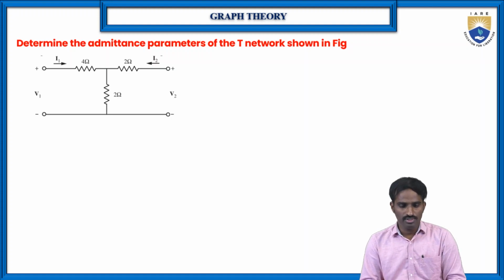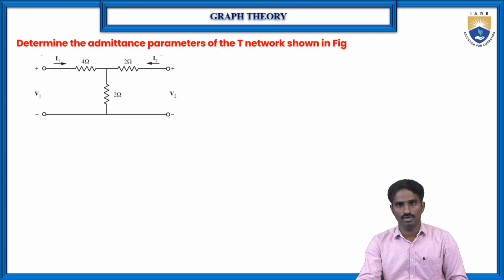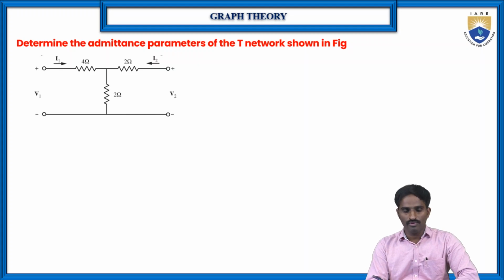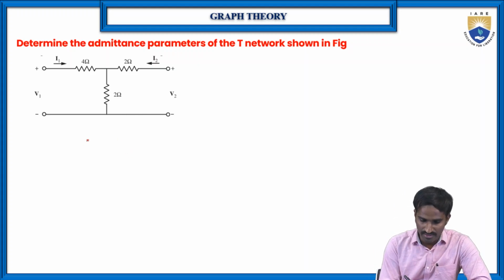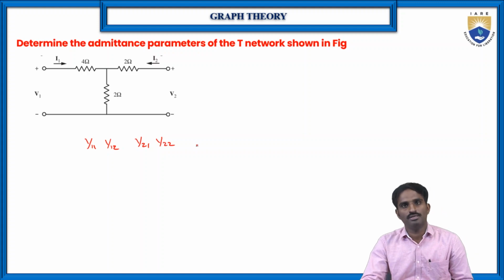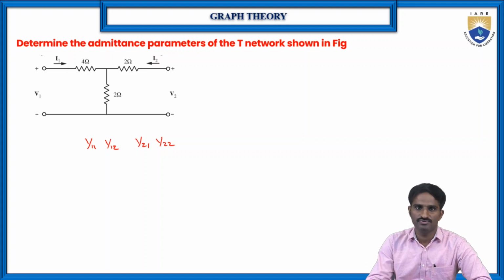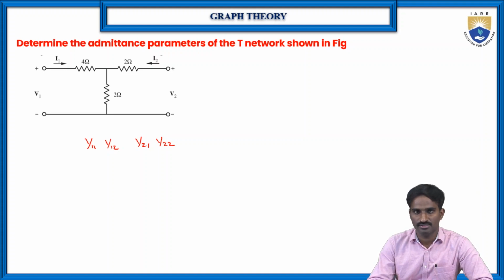As we know, the Y parameters are usually represented by Y. There are four Y parameters, namely Y11, Y12, Y21 and Y22. We are going to find these four Y parameters. How to find them?